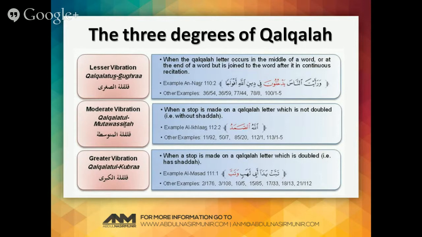So we have Qalqalatul Sughra, Qalqalatul Mutawassita, and Qalqalatul Kubra. Let's have a look at the first one.